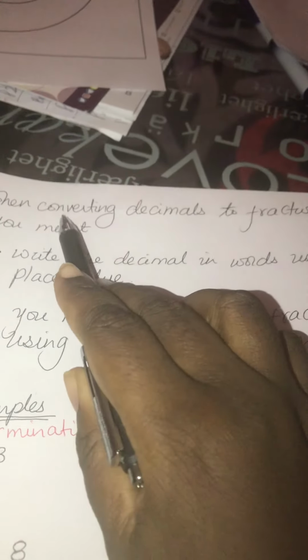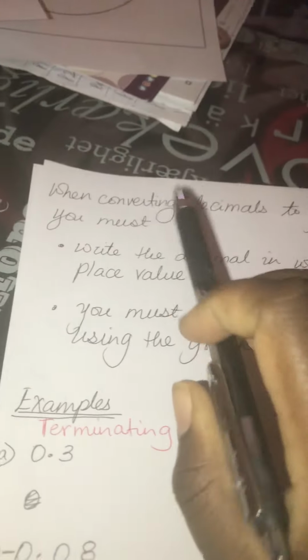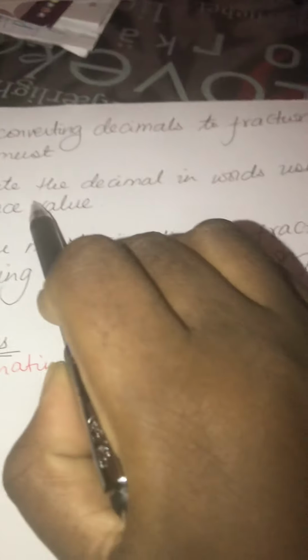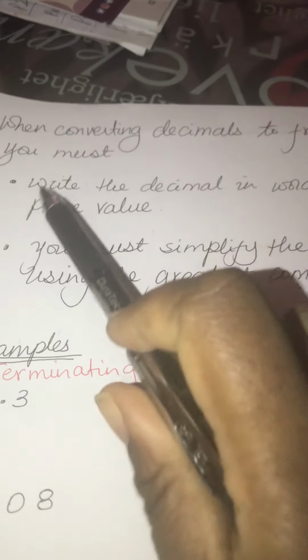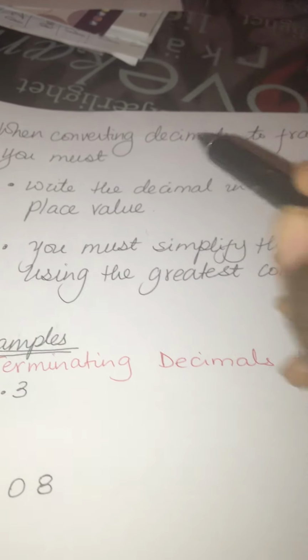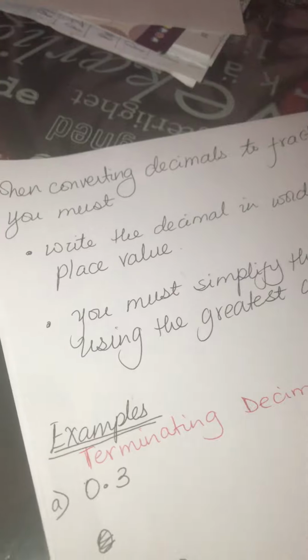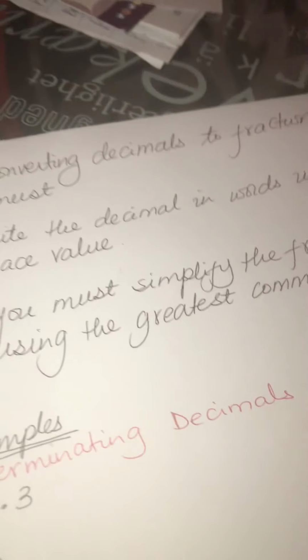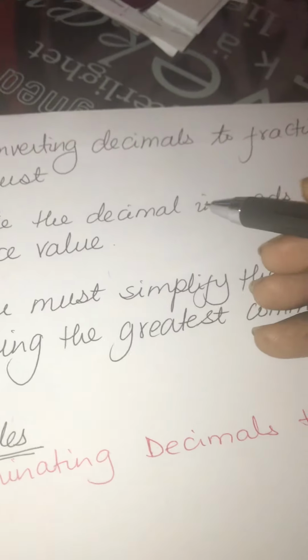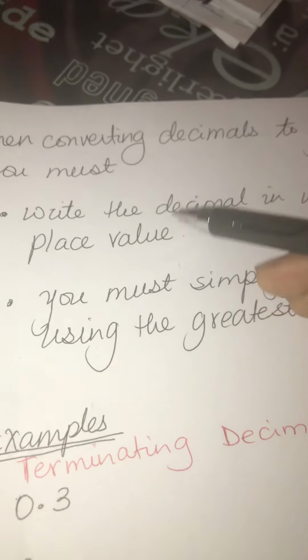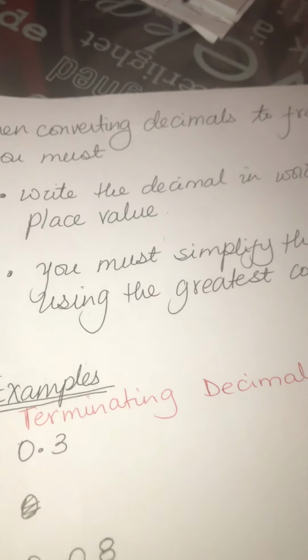Now, very important things you have to know. When converting decimals to fractions, you must write the decimal in words using place value. You learned place value in grade 1. So you're going to use place value to write the decimal in words.